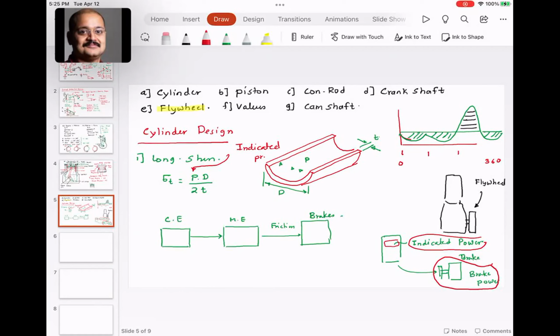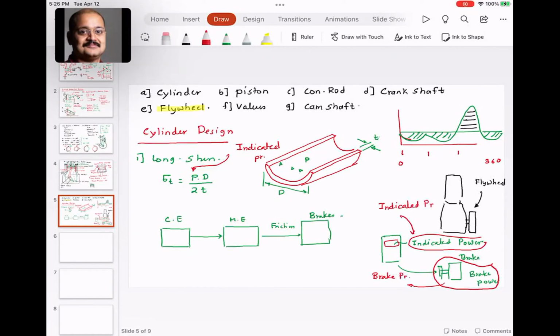So you can have mean effective indicated pressure, and the pressure that is computed from the brake power is called the brake pressure. So this gives you indicated pressure. From here, it gives you brake pressure.